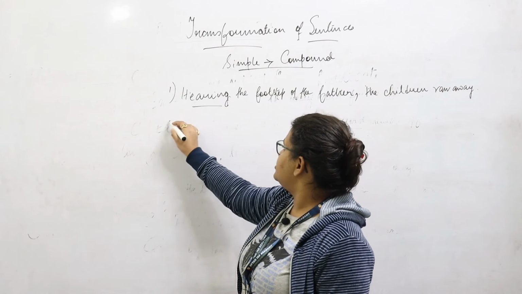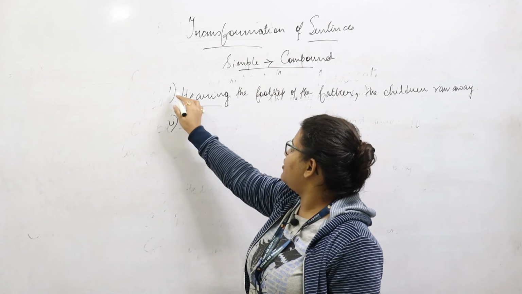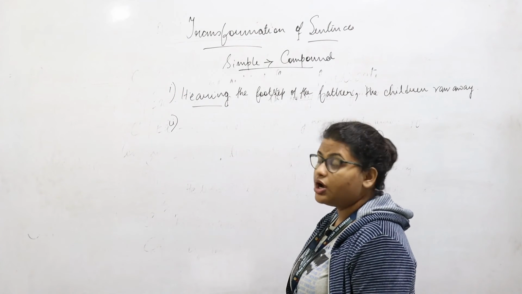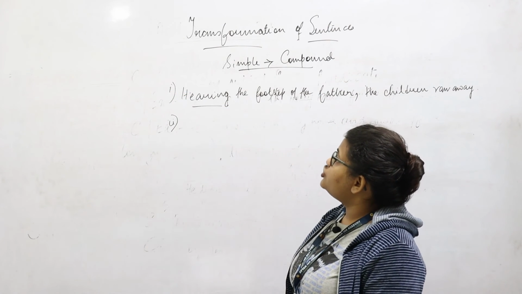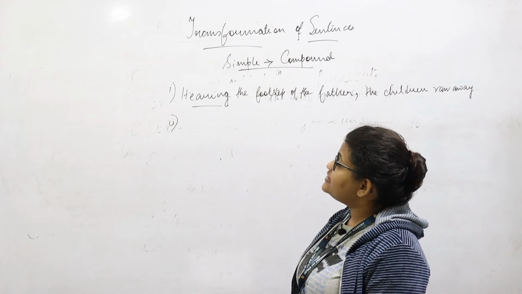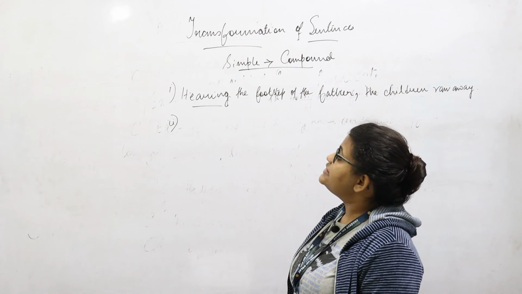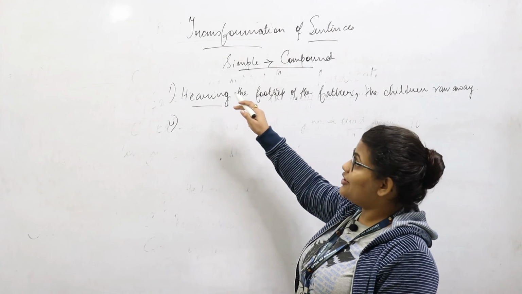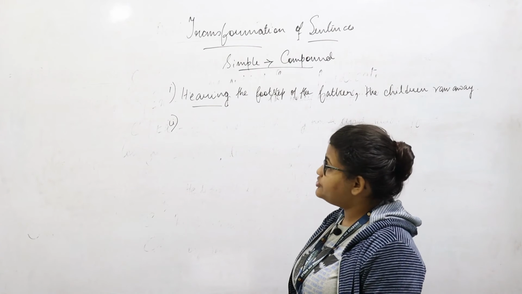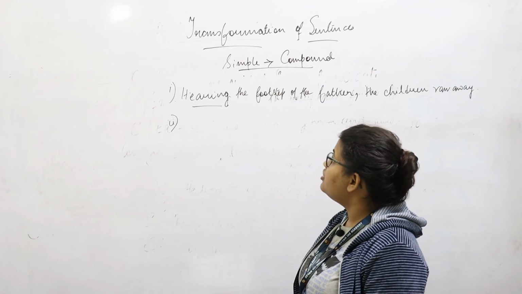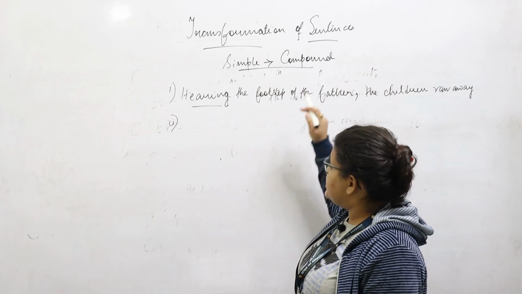So this is a simple sentence which we will have to transform into a compound sentence. Here using the word hearing is like we are using the subject verb. That is, this is another way of writing a simple sentence. As I told you, you can either use a gerund or you can use a participle. So here we are using a gerund in order to make this a simple sentence.